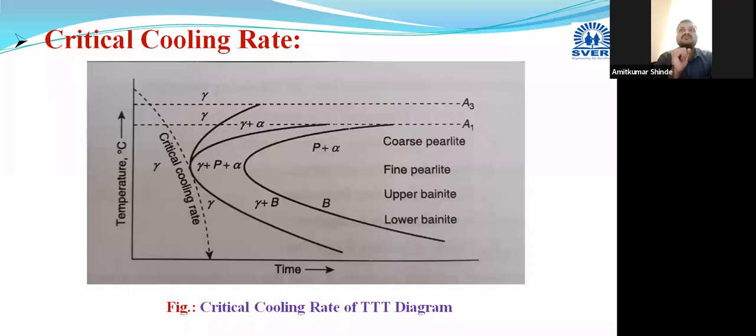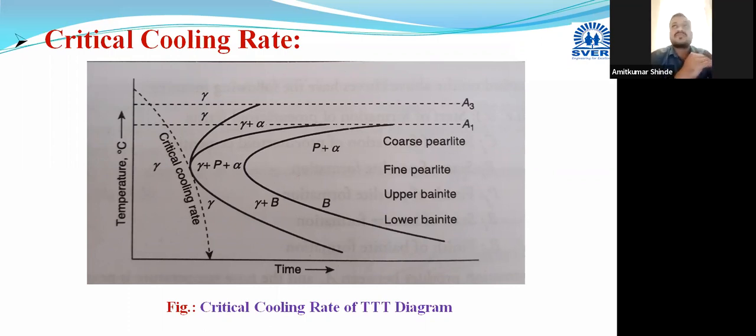Out of these three products, pearlite and bainite are formed by diffusion transformation, meaning diffusion of carbon will occur when austenite gives pearlite or bainite. Hence, these two products are formed by a diffusion process.